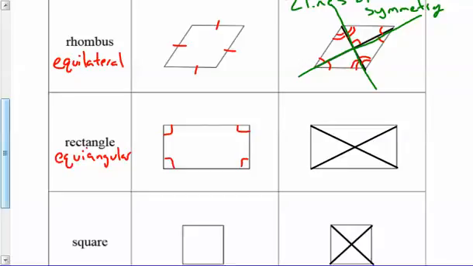And when we look at the diagonals, what does the diagonal do? The diagonals are congruent. Each of the little pieces are congruent. Now, if you look closely at that, what does that mean? It means you've created some isosceles triangles here.